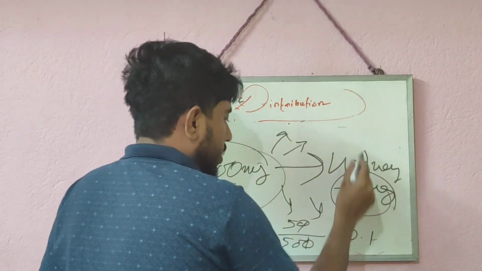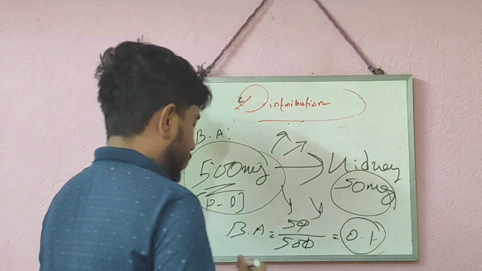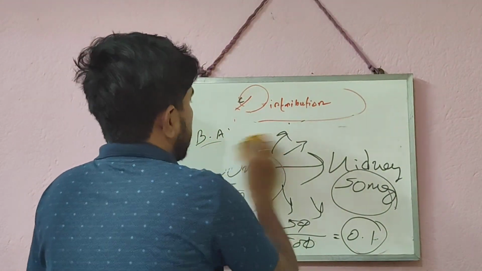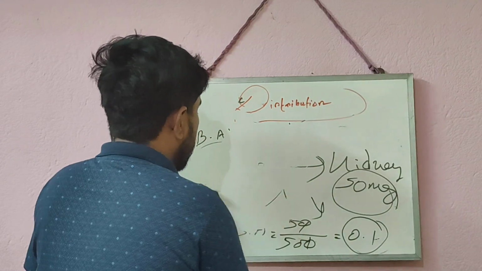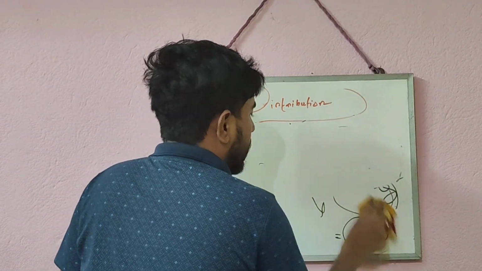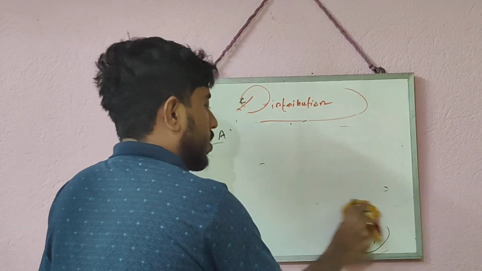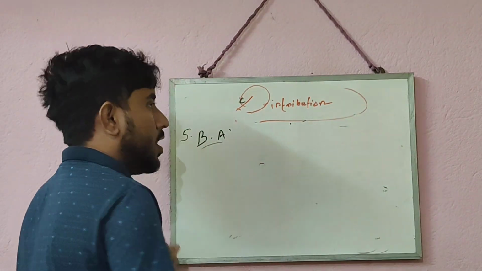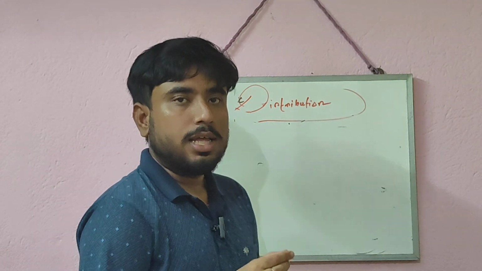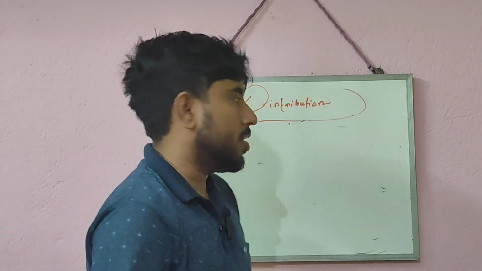So in the kidney, in this case, bioavailability is 0.1. This is the main thing, what bioavailability is. It means how much of the drug we are taking, how much drug plasma concentration, and how much of it is reaching a specific organ or specific site. That is the bioavailability of that specific site.